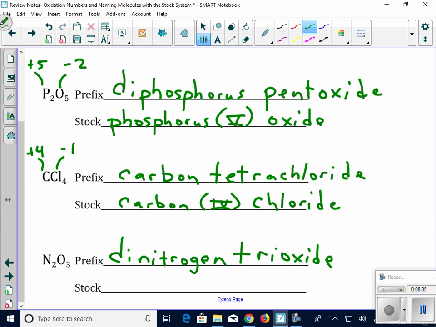Carbon IV chloride. And finally, the bottom one, okay? Oxygen is not a peroxide, so it's -2. That gives me -6. Means it's +3. So I have nitrogen, Roman numeral 3, oxide.